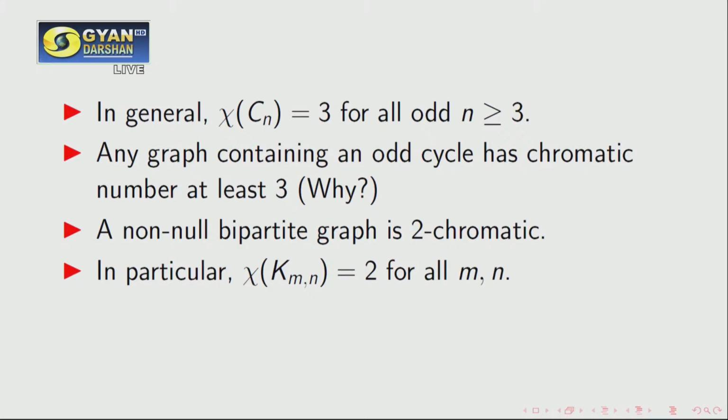Likewise, suppose you wish to compute the chromatic number of a bipartite graph. For a bipartite graph, you know that its vertex set can be partitioned into 2 disjoint sets in such a way that the sets are independent.